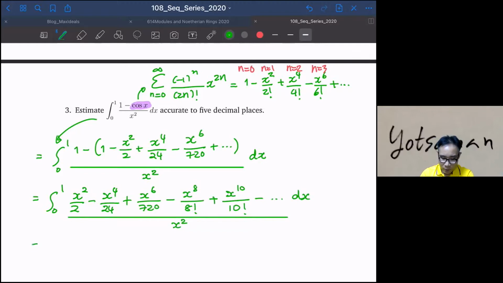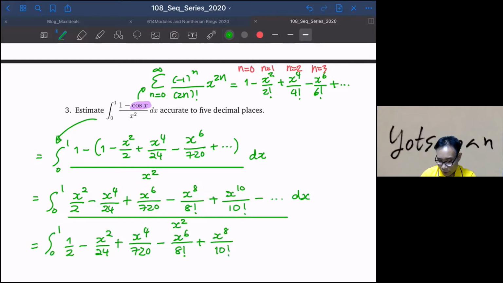So this would be the integral from 0 to 1 of 1/2 minus x squared over 24, x to the 4th over 720, x to the 6th over 8 factorial, x to the 8th over 10 factorial, and so on.